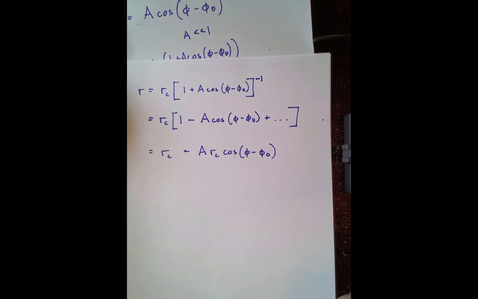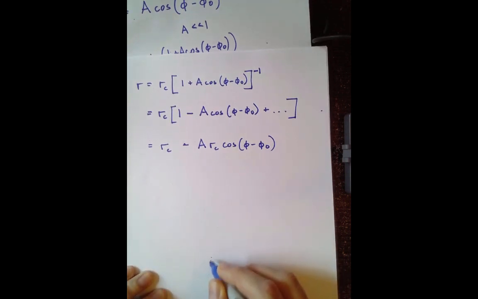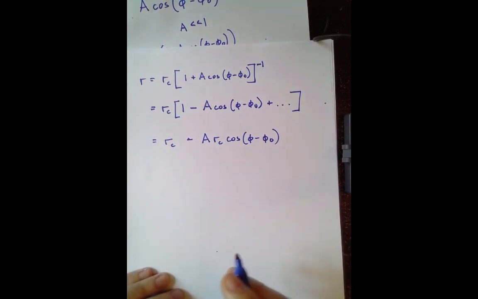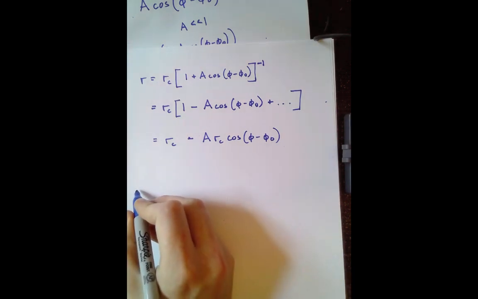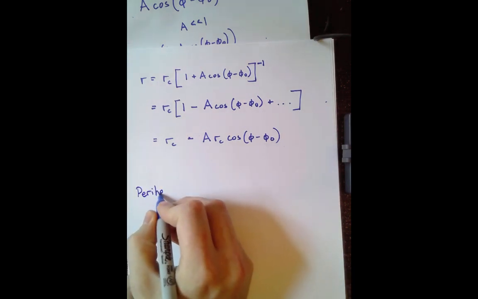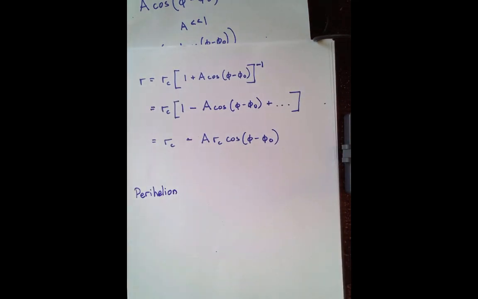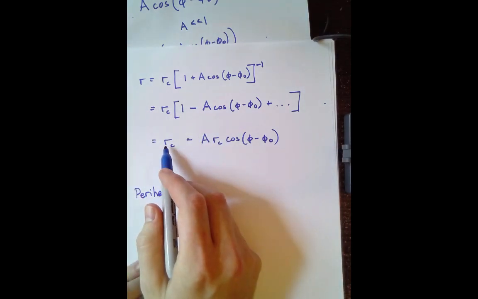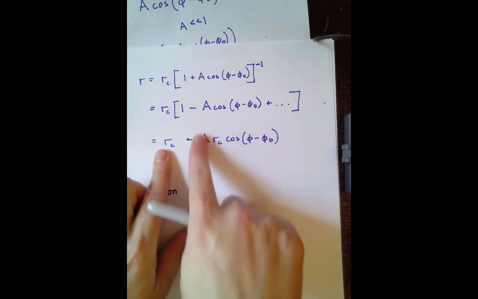Okay, and finally, just to check what the shape of this orbit is, let's suppose we want to find two important points that we'd like to know about any orbit. The perihelion of an orbit is the point at which the object is closest to the central mass. In other words, when r is at its smallest. And when r is at its smallest, that means this term here, which we're subtracting, must be at its largest.